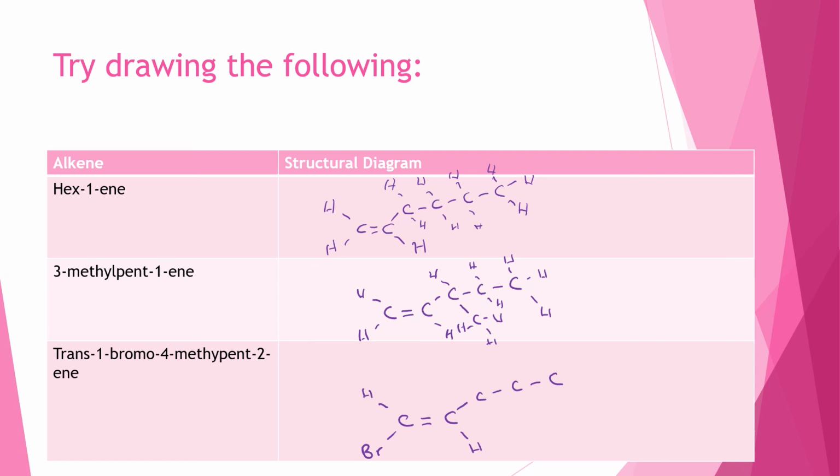On carbon number 4 we have a methyl group. Now put in the hydrogens to satisfy carbon's bonding. And this is a trans isomer because it's going across.